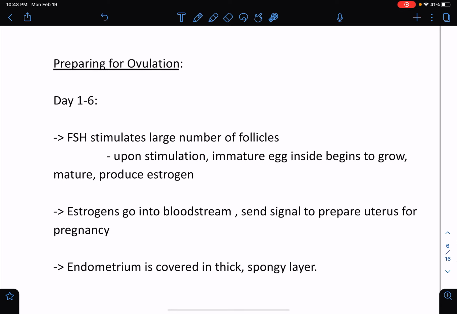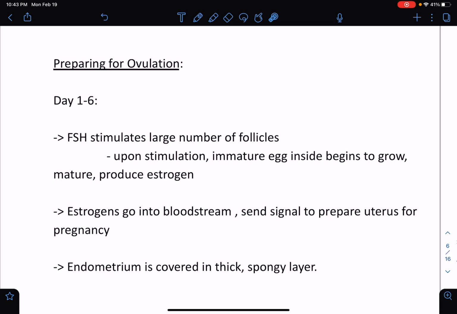Upon this stimulation, the immature egg inside begins to grow, mature, and produce estrogen. These estrogens go into the bloodstream. They send a signal to prepare the uterus for pregnancy. So this is when the fertility window starts to open. This is how the body prepares. So the endometrium is covered in a thick and spongy layer.